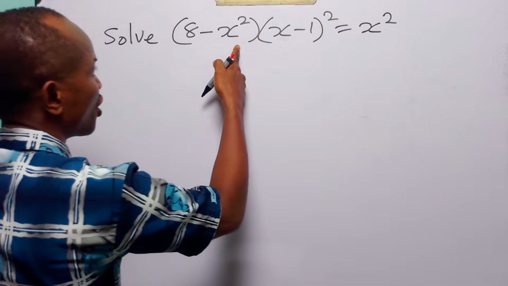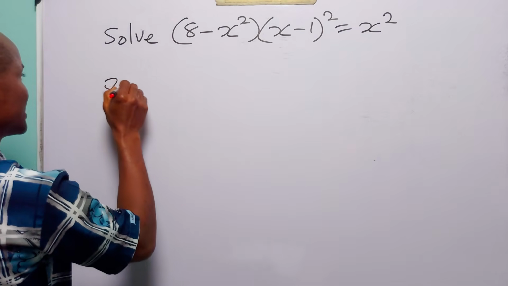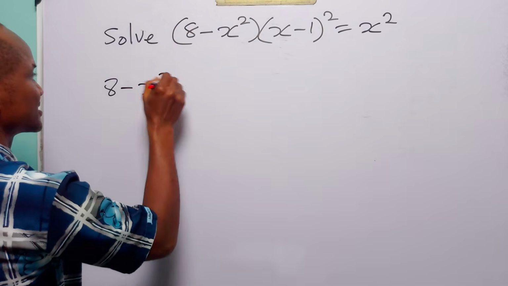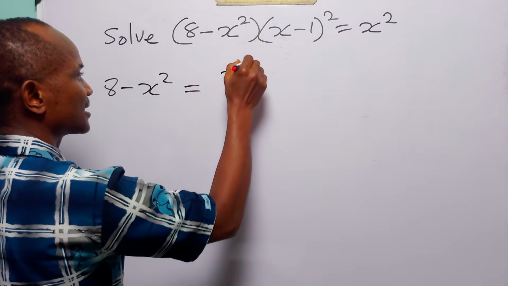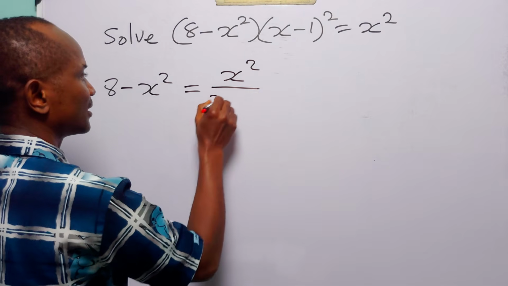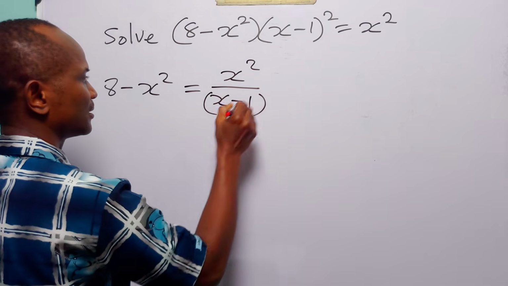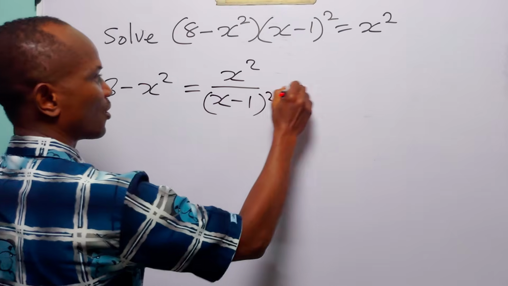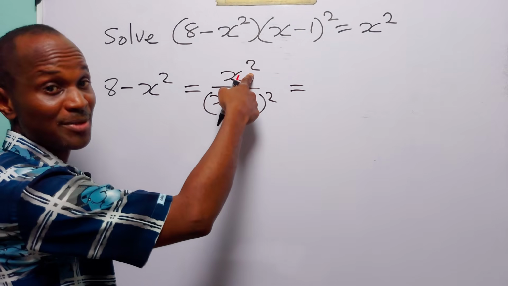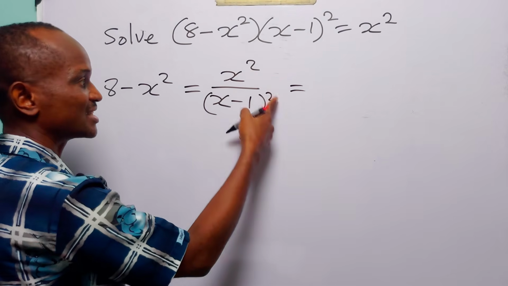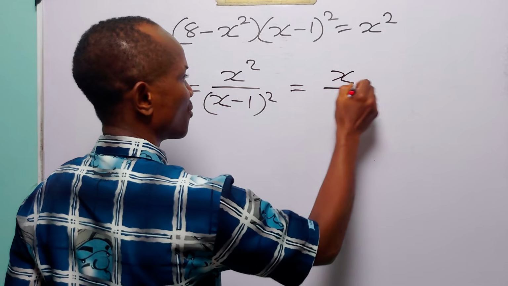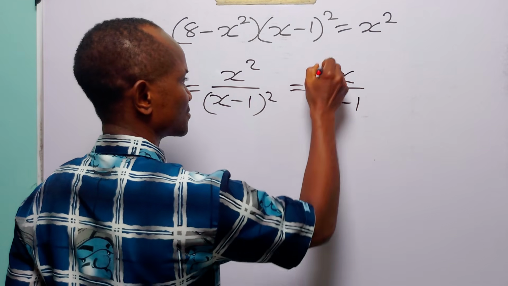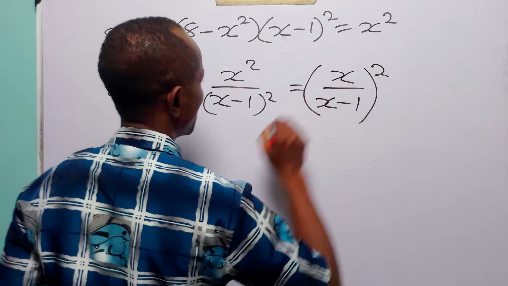When we do that, on the left-hand side, we now have 8 - x². And on the right-hand side, we now have x² over (x - 1)². Now, of course, since both the numerator and the denominator have the same power, we can write this as (x over x - 1)².